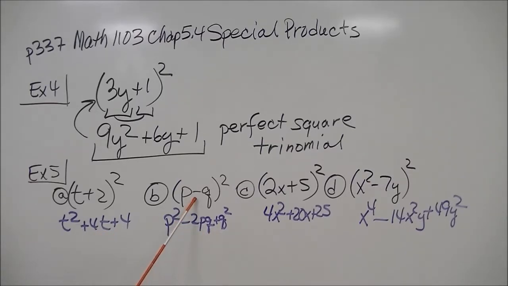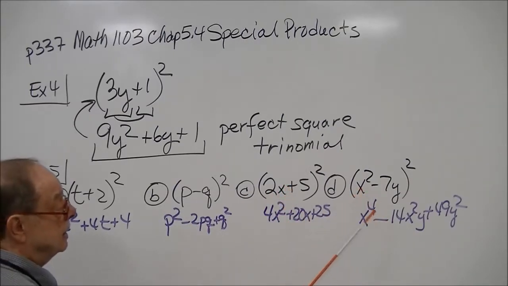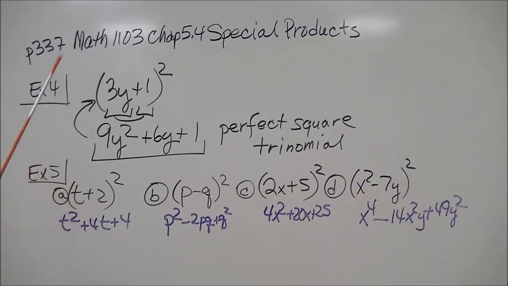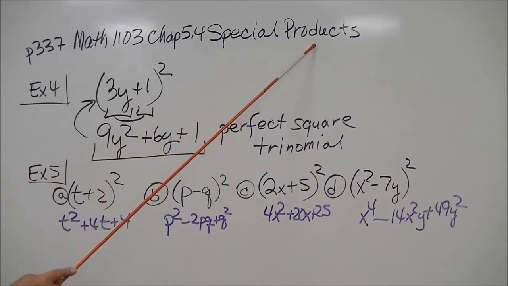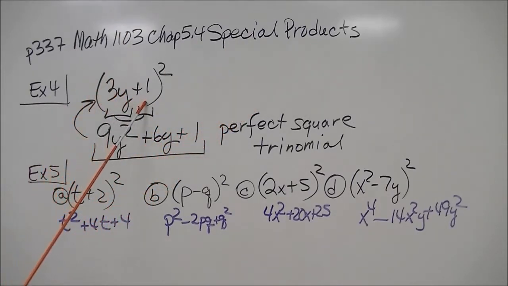Notice that if the sign in the binomial is negative, then the middle term will be negative. Here it's positive, here it's negative. So these are special products, squaring a binomial into a perfect square trinomial.